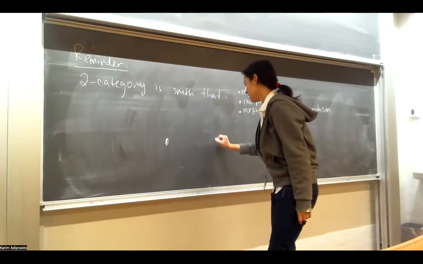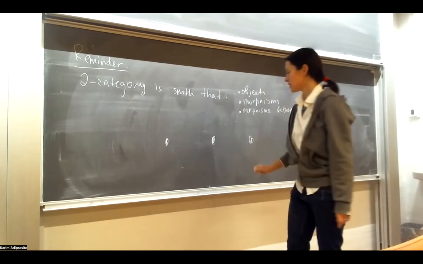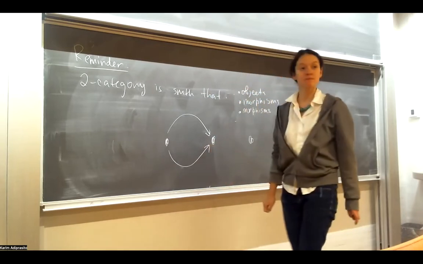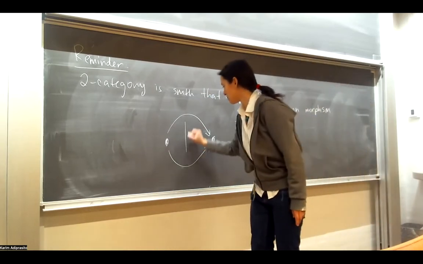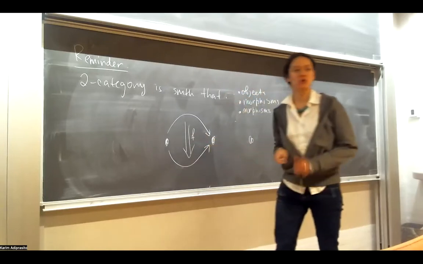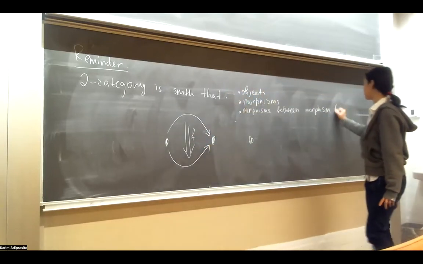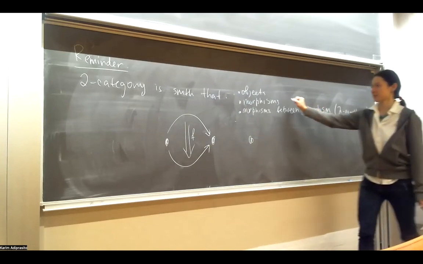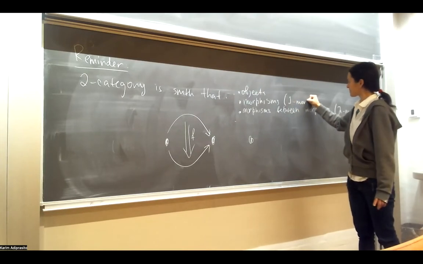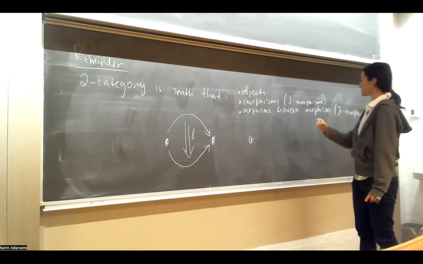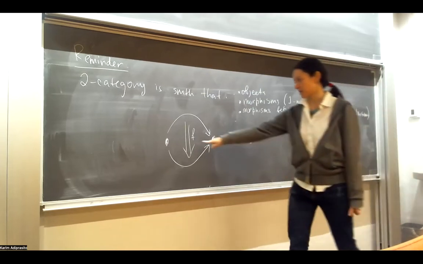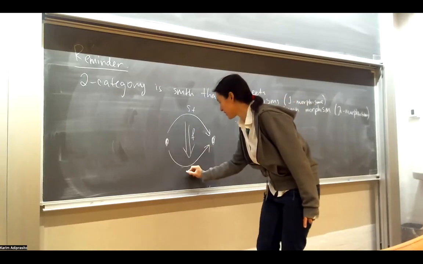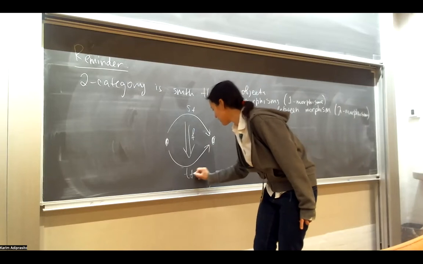So suppose I have 3 objects. I have 2 morphisms here, and then I have a morphism here. Morphisms between morphisms are called 2-morphisms, and ordinary morphisms are called 1-morphisms. So this is the 2-morphism F. Let's call this 1-morphism the beginning of F, and this 1-morphism the end of F.